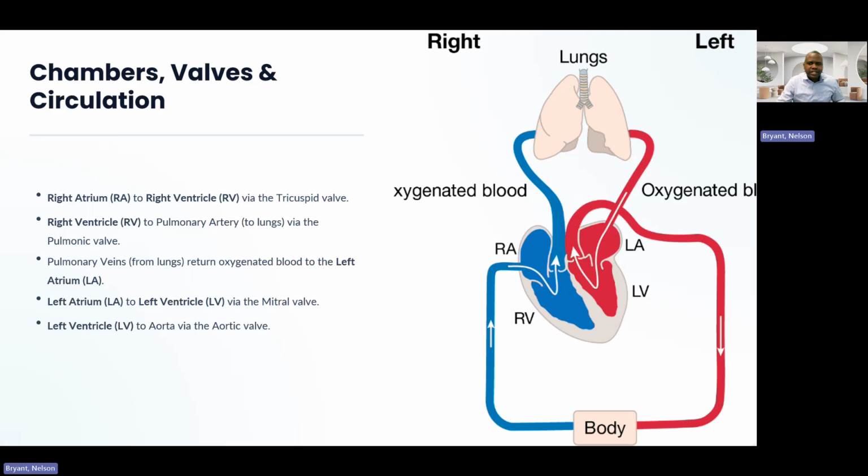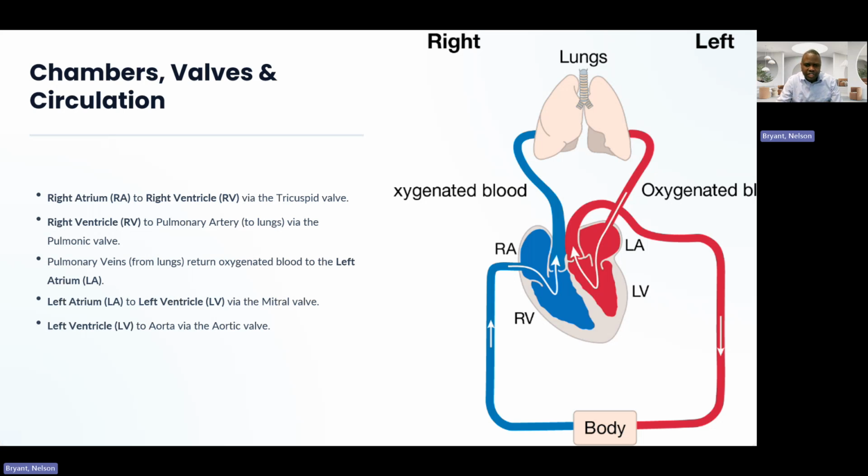So basically, this is just a quick review of the flow of the blood, which is very critical. For example, looking at the deoxygenated blood, which returns to the right side of the heart and then gets pumped to the lungs.